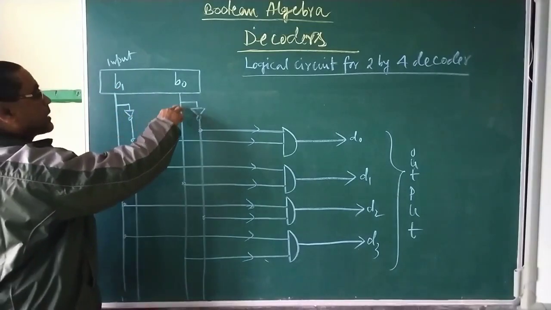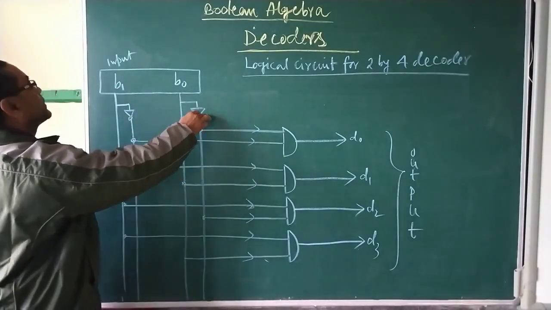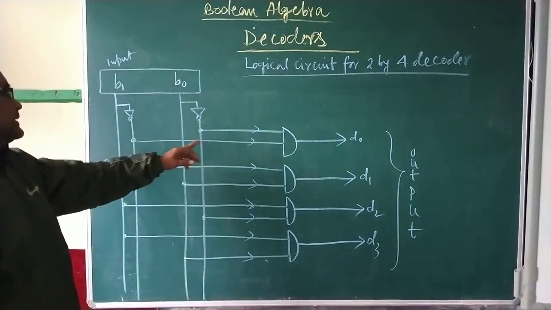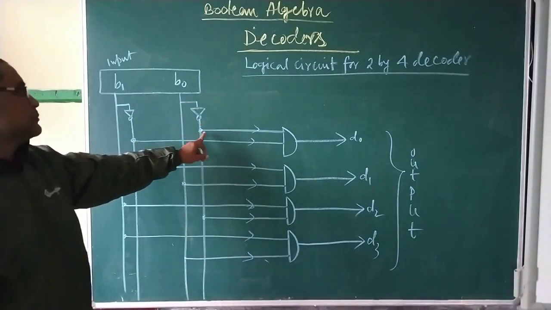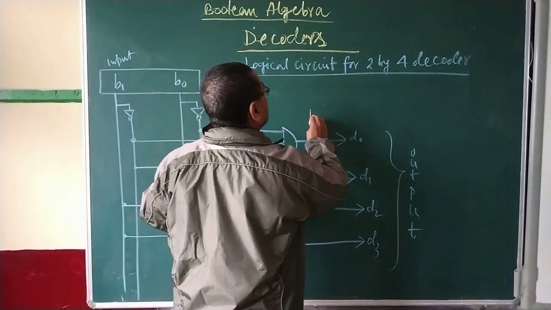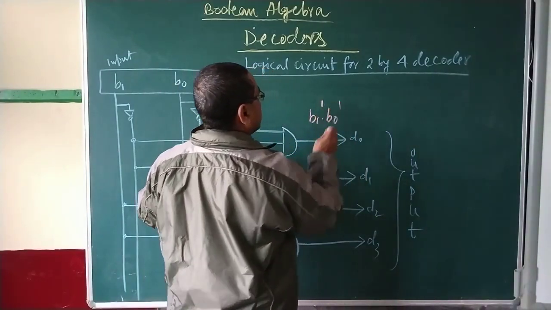You can take it separately also. Here also I have taken B0 normal and this is the NOT, the B0 complement, and this is the B1 complement. Now if you see D0 from the truth table, D0 equals B1 complement and B0 complement, both are there with an AND gate.